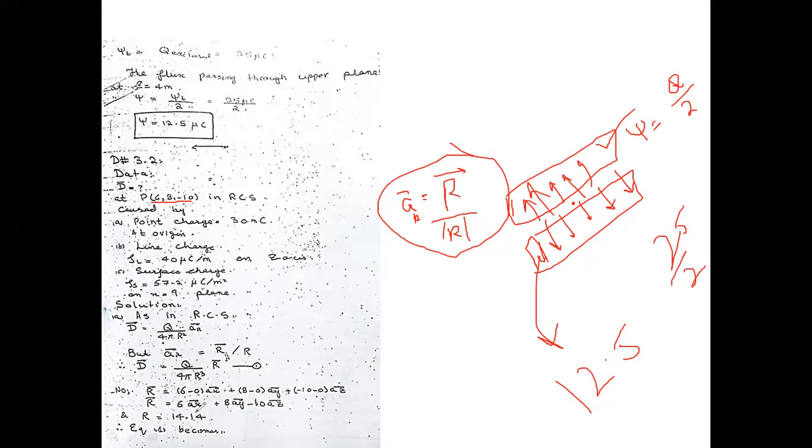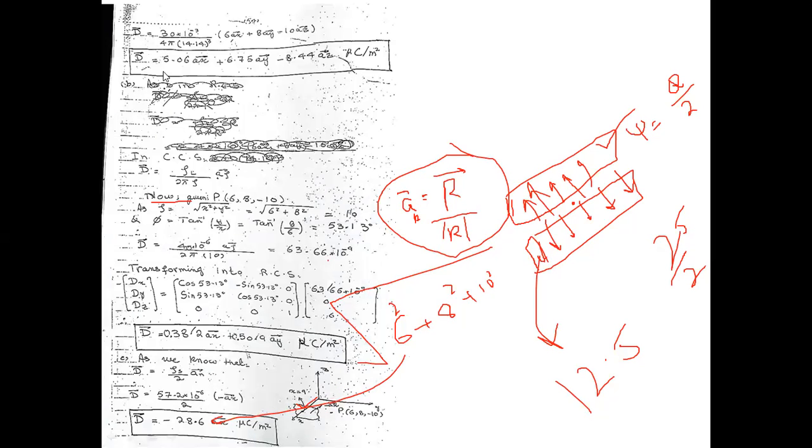Okay, so we will get this r, and now we have to find the r magnitude, meaning 6 square plus 8 square plus 10 square, whole square root. So we will get 14.14. So now the position vector will be this, and this is actually the D.